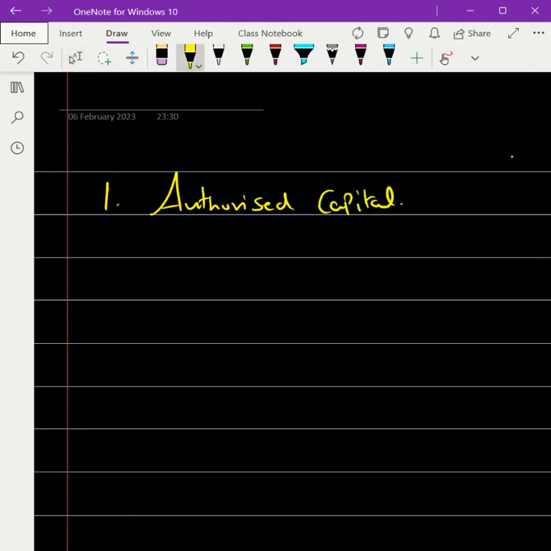In which document will it be mentioned? It will be mentioned in your memorandum of association. Whereas with respect to interest on calls in advance and calls in arrears, which document is being referred to?